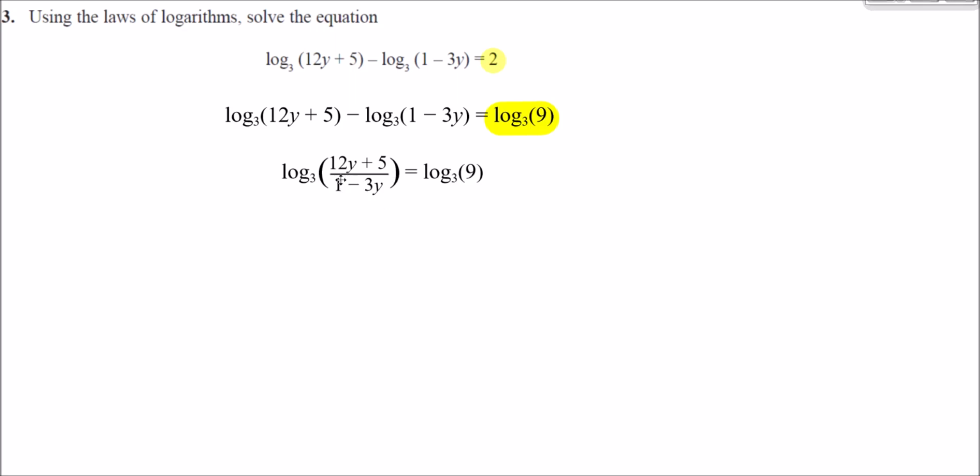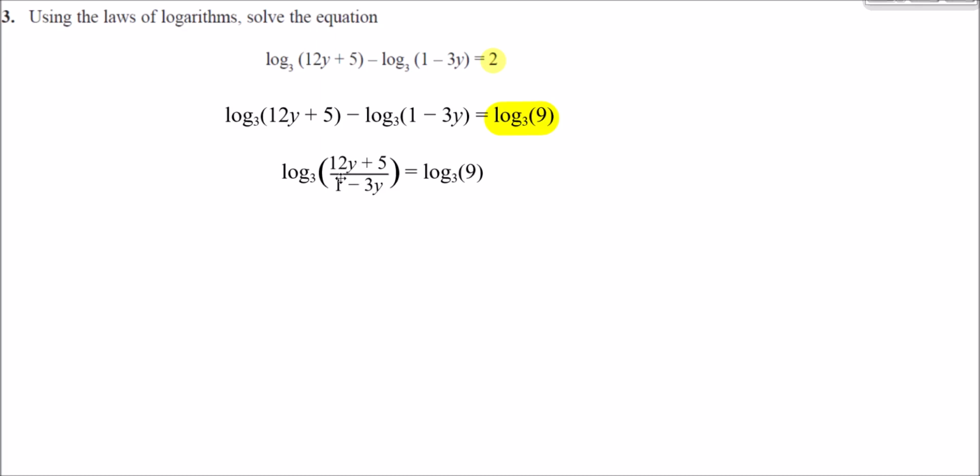So now, obviously one side's equal to the other. Not only that, but both sides are logarithms to the same base. Because this is log base 3 of something, and this is log base 3 of something, and both sides are equal, then what we're taking the log of must also be equal.